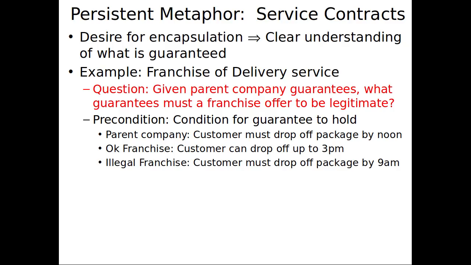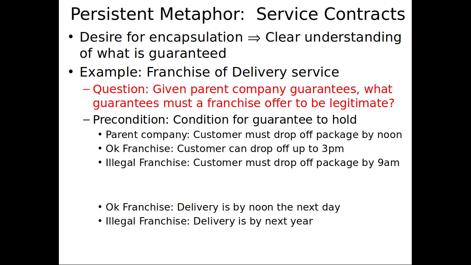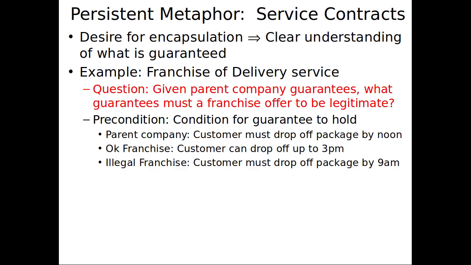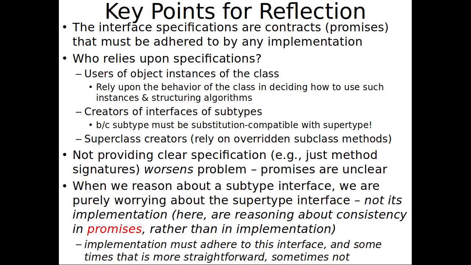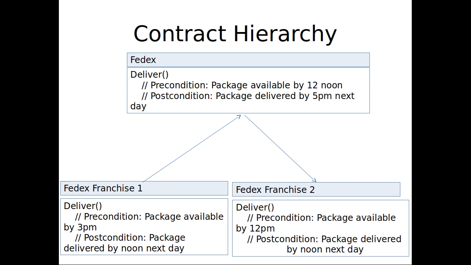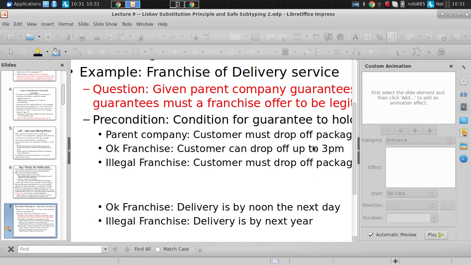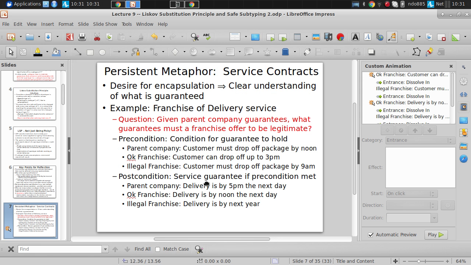For postconditions, what can we do? If you've watched the video, you should remember this. What can we do for postconditions? Strengthen them. Yeah, we can strengthen them. For postconditions, we can actually make them more constrictive, more specific.